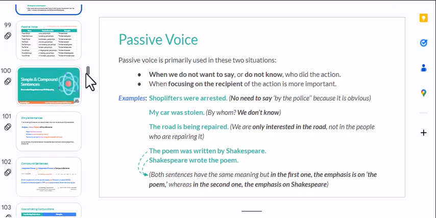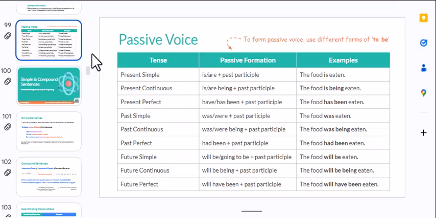Now let's look at how exactly you go about constructing the passive voice. Basically, if you want to form the passive voice in grammatical structure, how to use it. In this slide, this is very important for you guys.